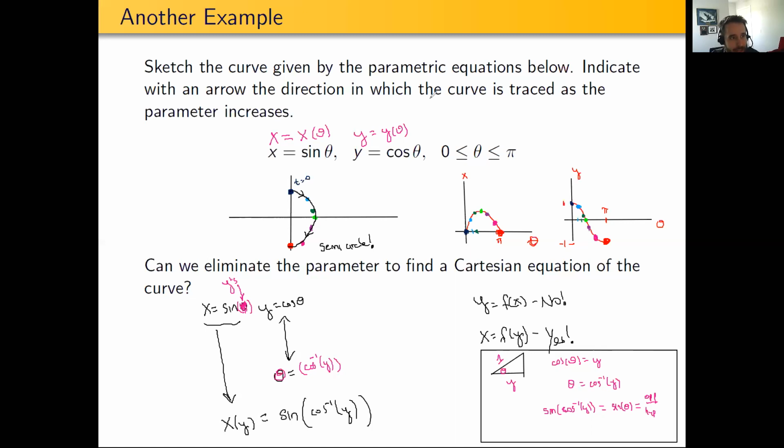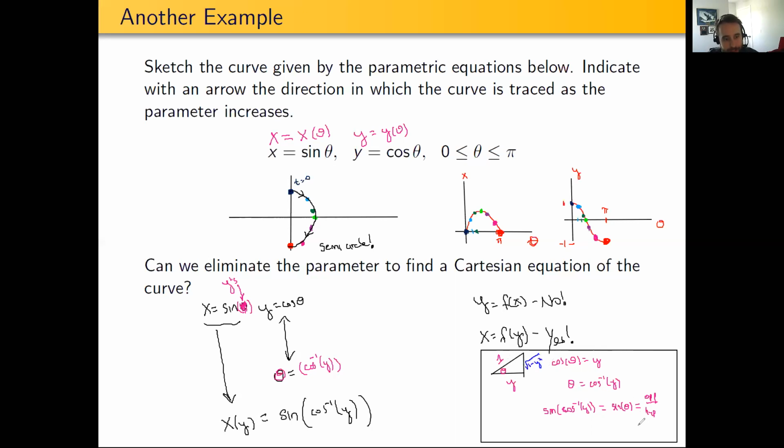The opposite side is given by the Pythagorean theorem: y squared plus the opposite side squared equals 1 squared. And so this opposite side must be equal to the square root of 1 minus y squared.